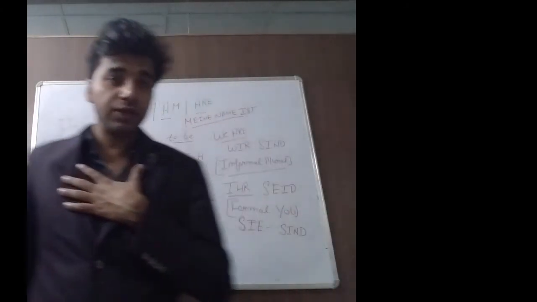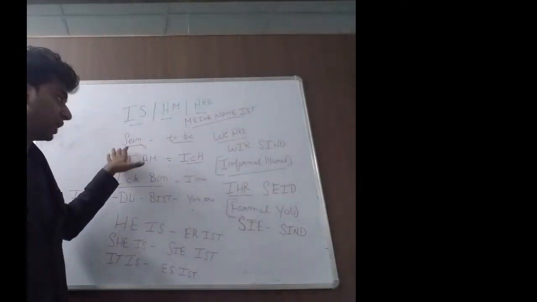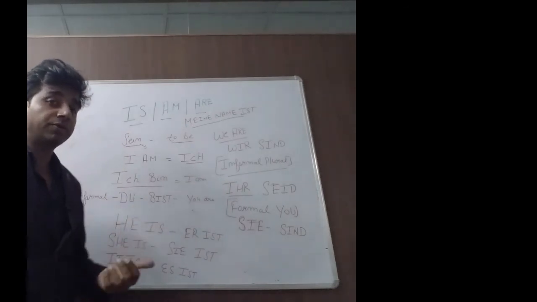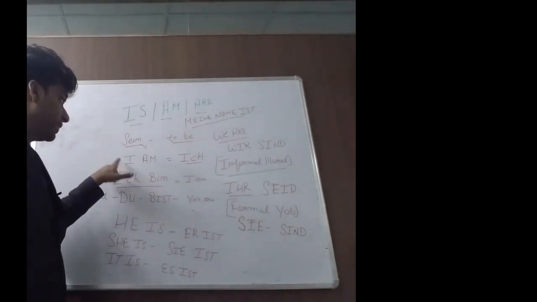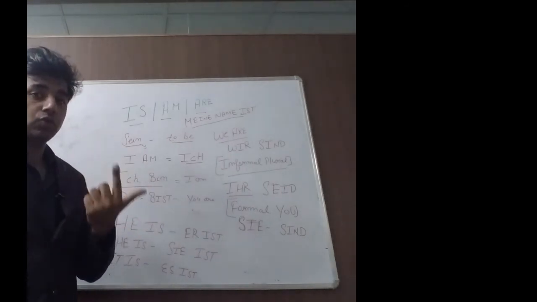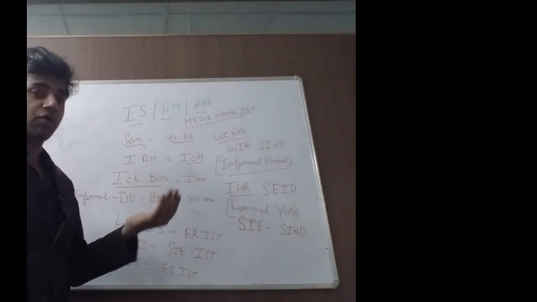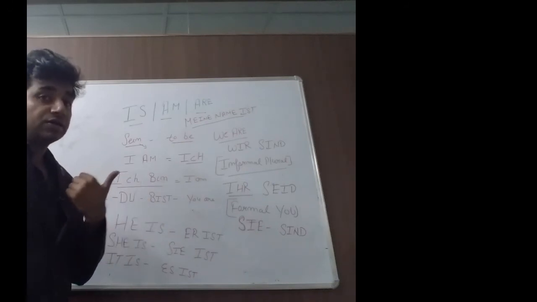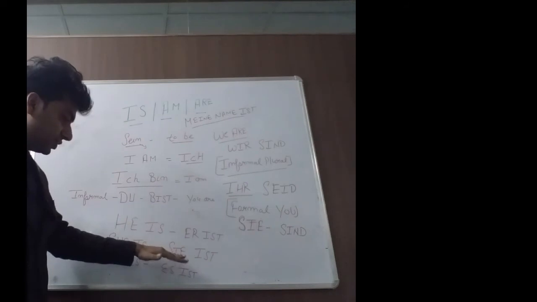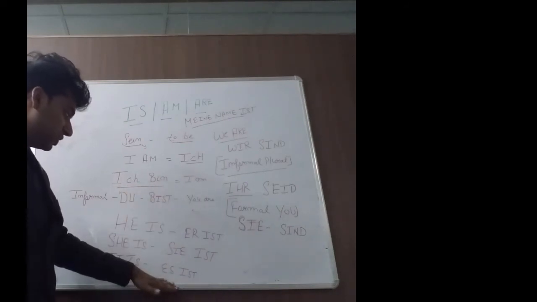Sein is to be. Okay, so if I break sein into pieces, which is I am, you are, we are, so we can say like this. I am, ich bin. Okay, du bist, which is you are, which we call informal conjugation. Er, sie, es. Er is he, sie is she, es is it.